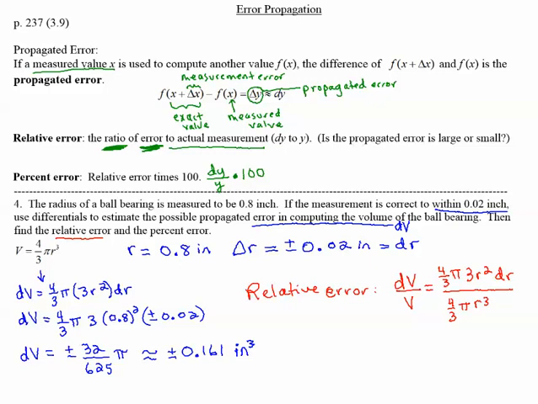And then we can simplify 4/3 divided by 4/3, pi divided by pi, r squared comes out of r cubed, and we're left with 3 dr over r for our relative error. And then plugging in the values, 3 times plus or minus 0.02 divided by r, 0.8, which equals plus or minus 0.075.